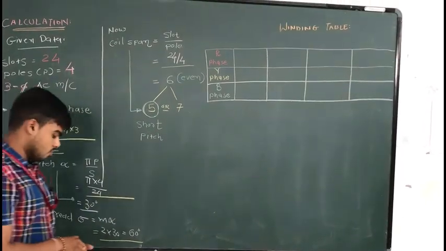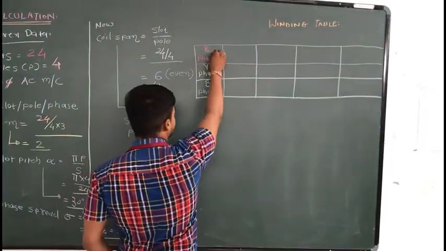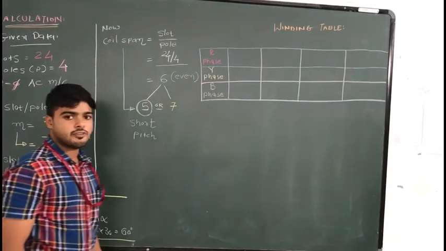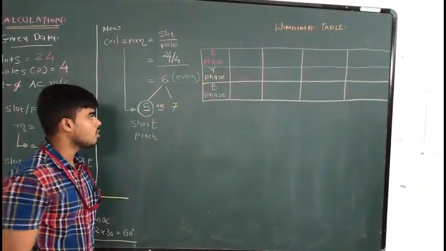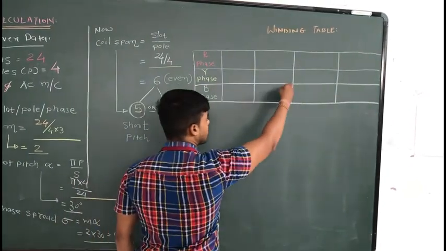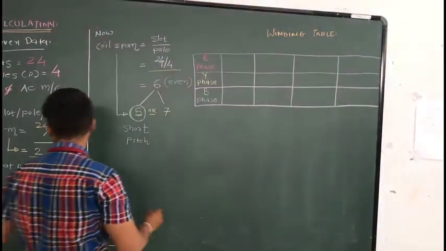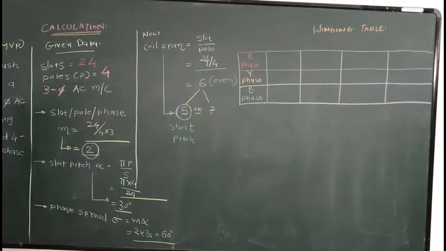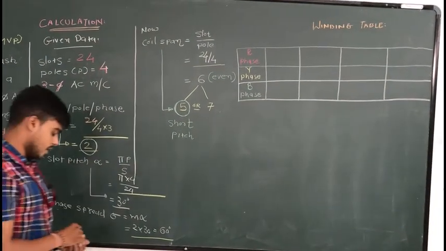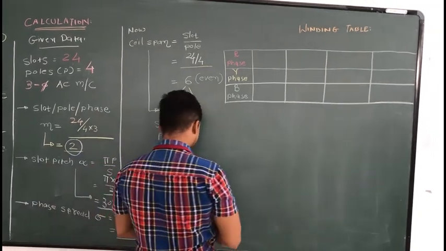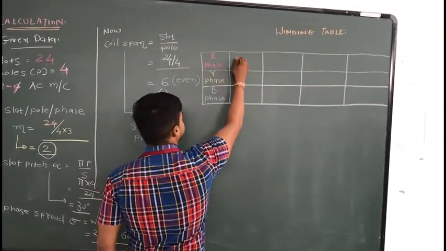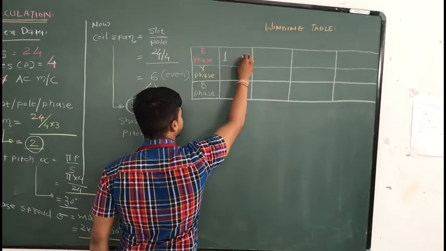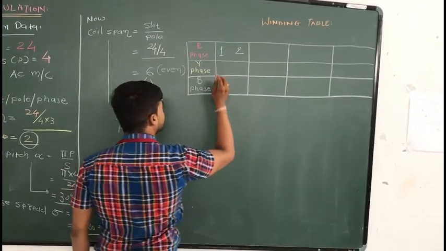Okay. Now winding table. There are 3 main phases: R phase, Y phase, and B phase. And we have a total of 4 columns, in which 2 slots are there. Our winding is started from 1, and each column has 2 conductors.